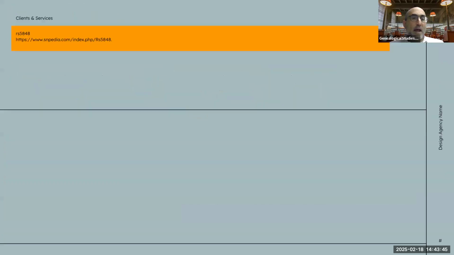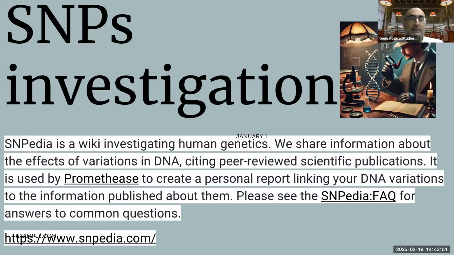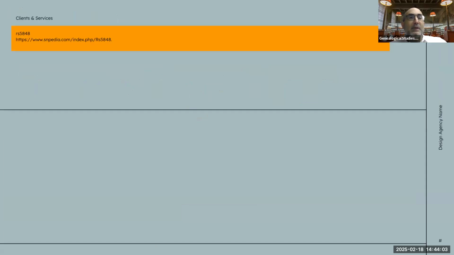And if you want to look into your SNPs a little bit deeper, let's say you found a SNP that causes a disease or a trait, you can go to this website called SNPedia, and it gives you a lot more in-depth information about SNPs. For example, if you look at the RS5848, which was the SNP we found earlier, which in fact was the one that caused a lower risk of dementia.